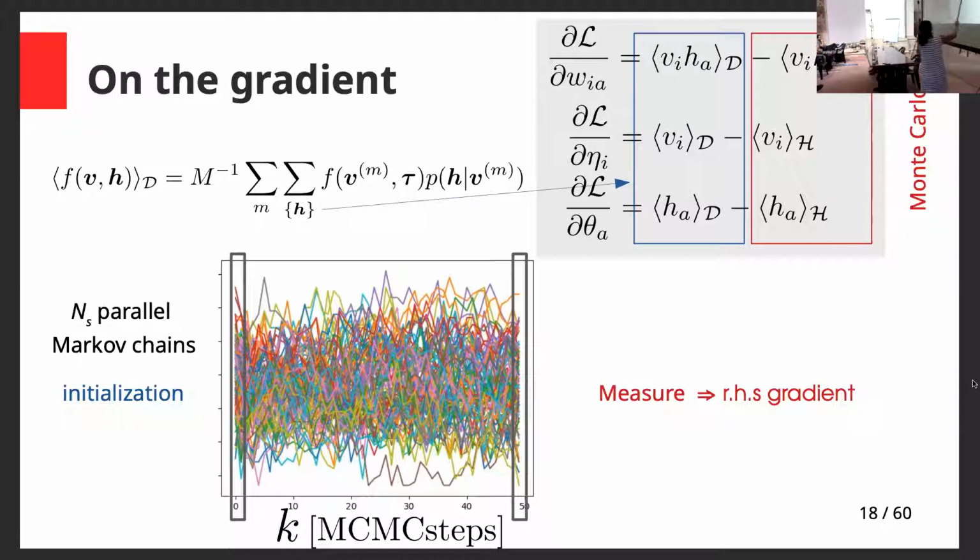To compute this part, since we have a model that is changing through the training, we need to compute it every time, and we do it with Markov chain Monte Carlo, which we know can always create samples according to a given distribution as long as you do enough steps.